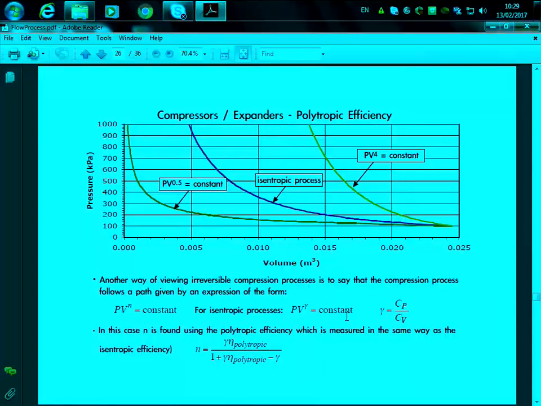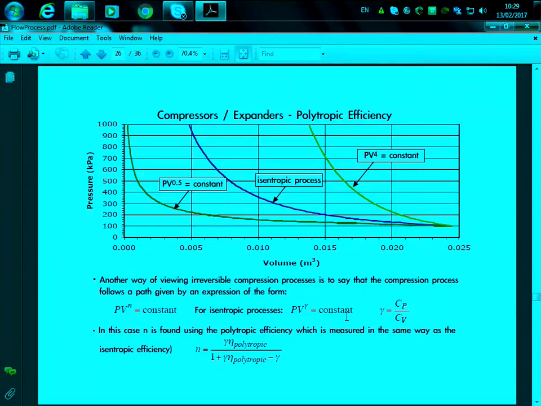Okay, so it's very useful when you want to know the volume at the outlet of a compressor or the outlet of an expander using this type of approximation, right? And this gamma will change depending on the curve. So we have said that this is for an isentropic process, but then we will have a PV to the power of 0.5 curve for a certain type of gases, and this one for other types of gases.